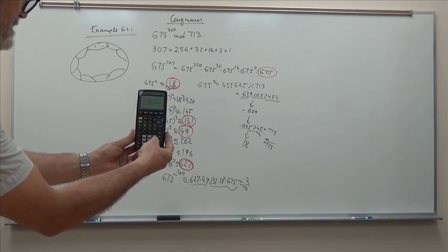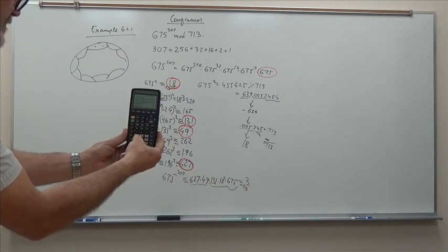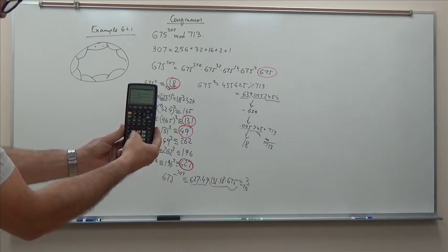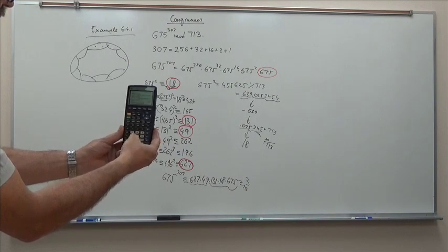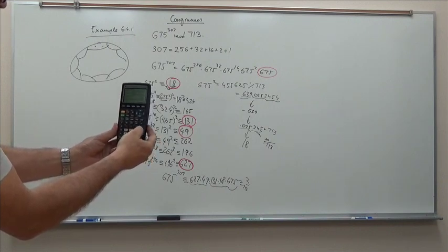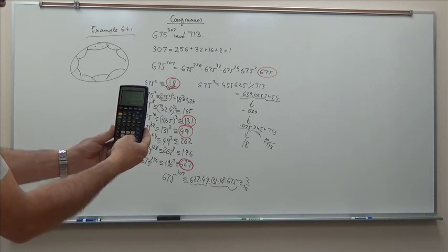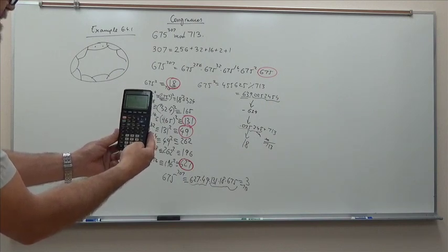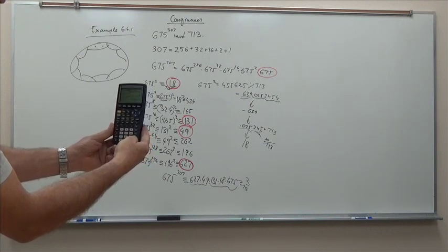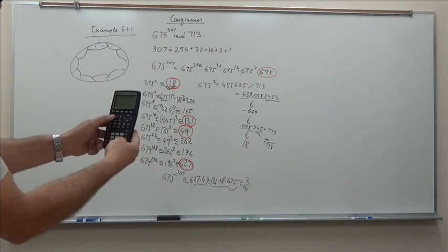So it's 627, usually in our class if we have a document camera I would show this better, times 49 times 131 times 18 times 675, and I'll divide by 713. Oh, we got rounding, and that's what's dangerous sometimes with calculators. So I have to do it piece by piece.